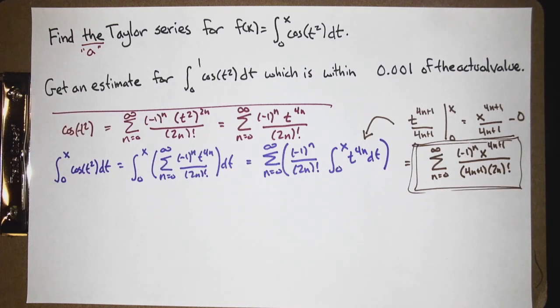The second part. Get an estimate for the integral from 0 to 1 of cosine t squared dt, which is within 0.001 of the actual value. So within 1 over 1,000. So we want to find a number that is close, within 1 over 1,000, and we want to be able to say, yes, we can justify it.